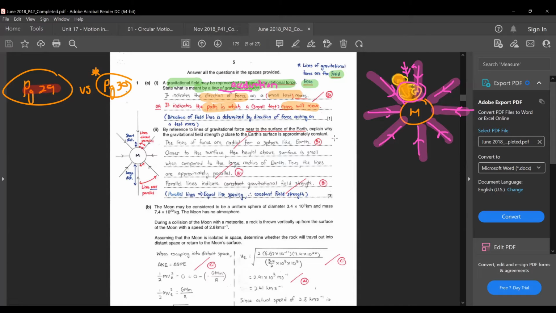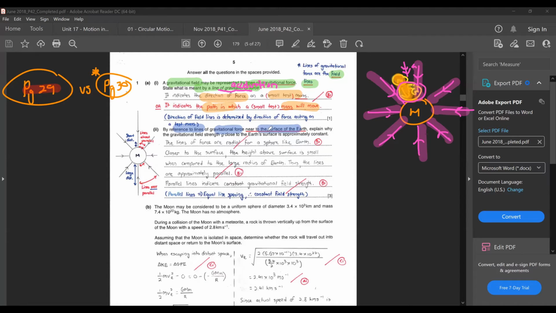Now, part 2 says: by reference to the lines of gravitational force near the surface of the Earth, explain why gravitational field strength g close to the Earth's surface is approximately constant. When it comes to questions on gravitational field, sometimes you may be asked to explain why certain things are constant.